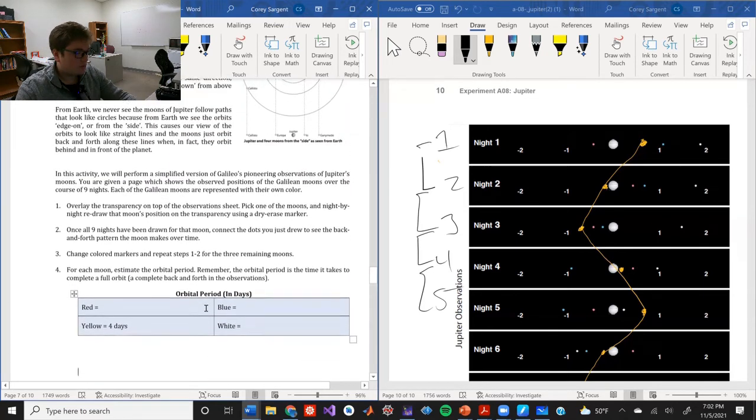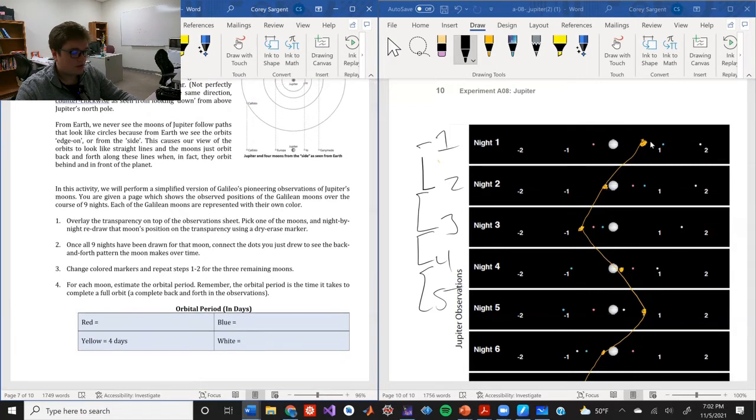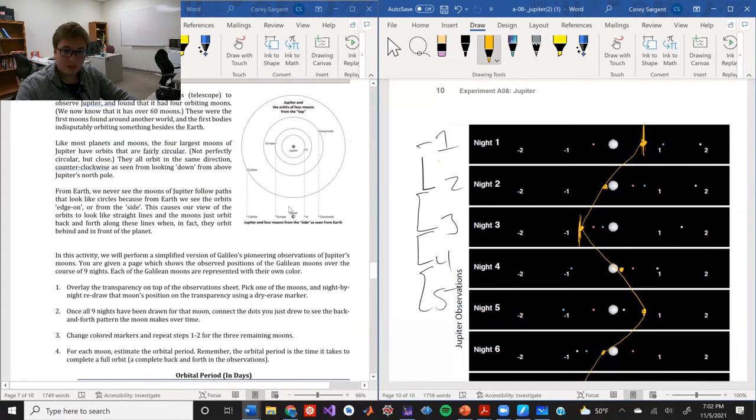So really what you have to do is look at all these moons. We can see that the furthest extent it gets to is around this point. This is about the furthest it gets that way, and this is about the furthest it gets that way. What does that mean? Well, that tells us that is the orbital radius.